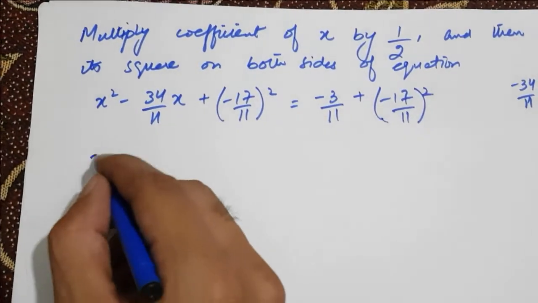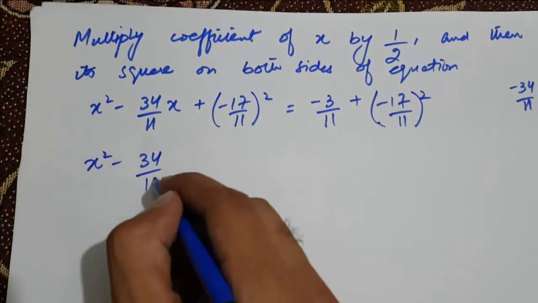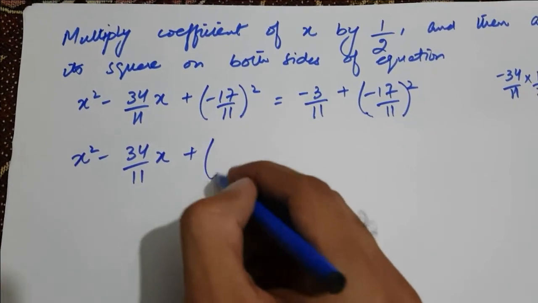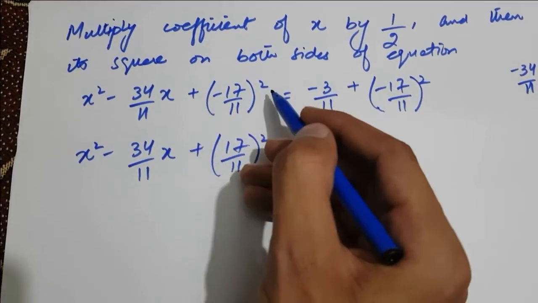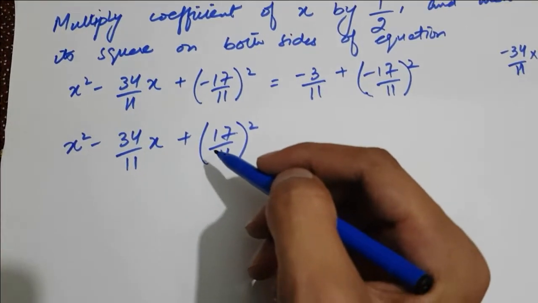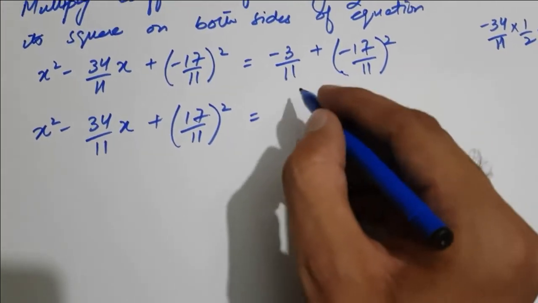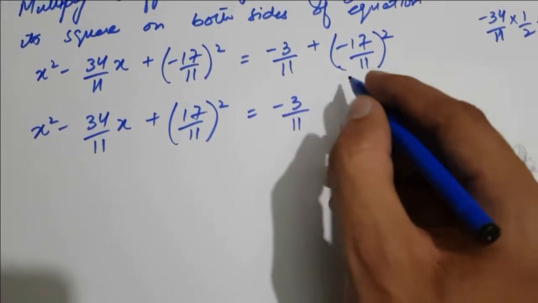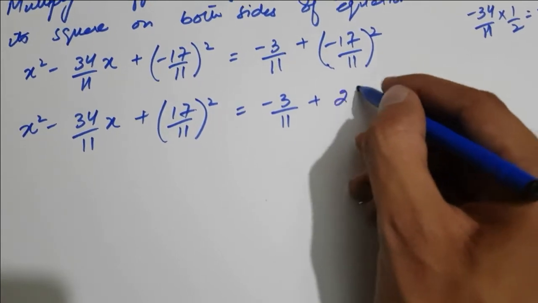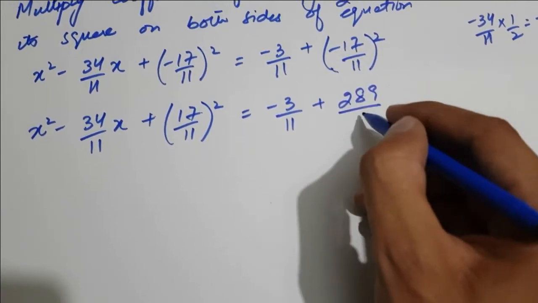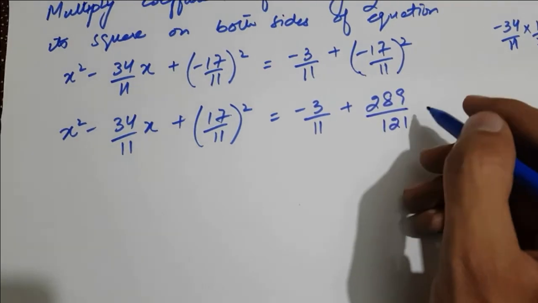So we can also write it as x squared minus 34 by 11x plus 17 by 11 whole square, since the square of minus is also positive. So on the right hand side we get minus 3 by 11 plus, since the square of minus 17 is 289 and the square of 11 is 121.